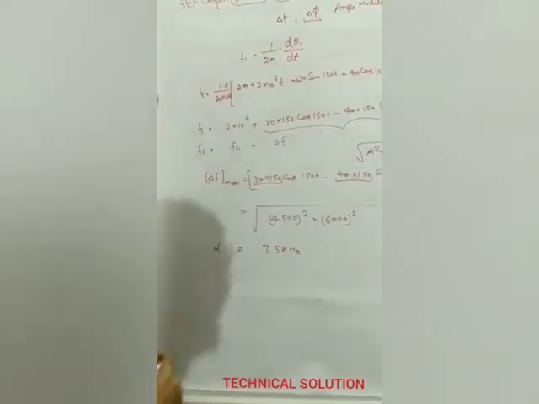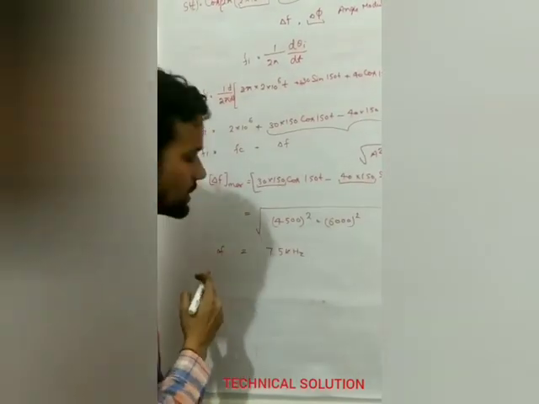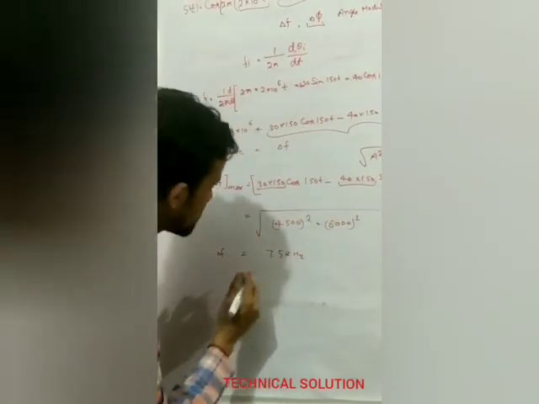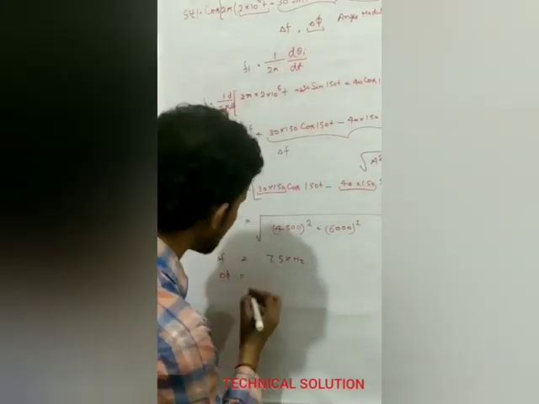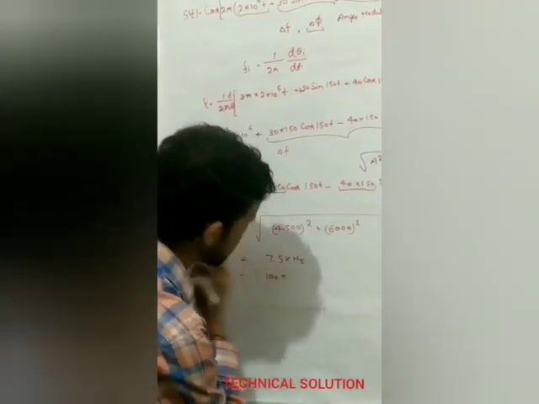In this way, we find that the maximum frequency deviation is 7.5 kilohertz, whereas the maximum phase deviation of frequency modulation is 100π. Okay, thank you.